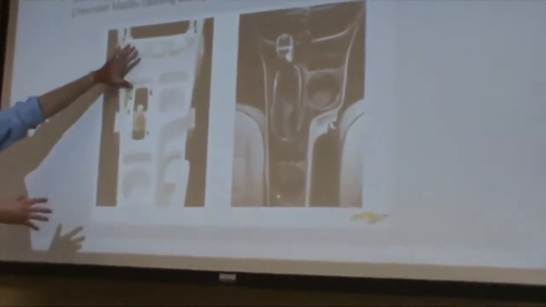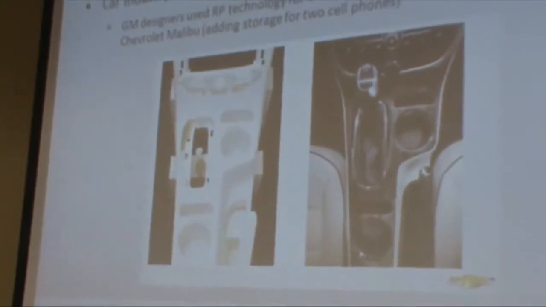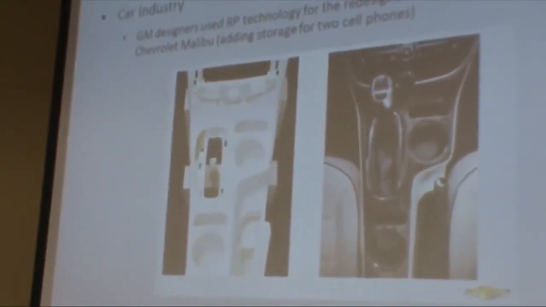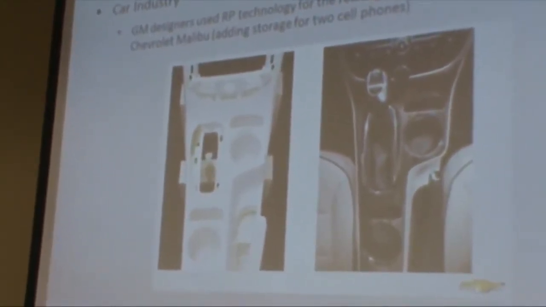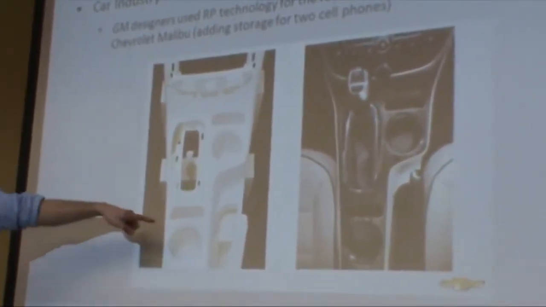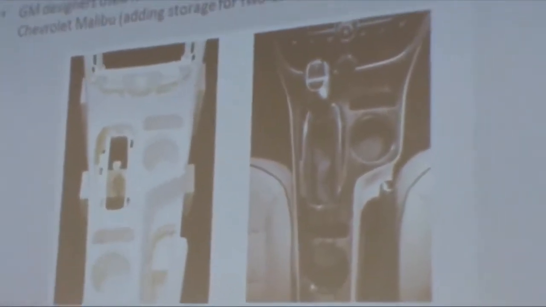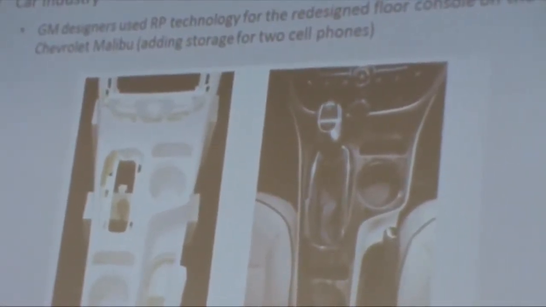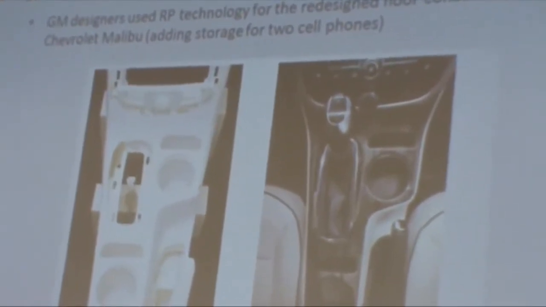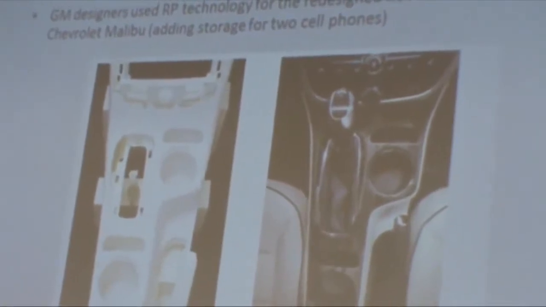They create the console, put it inside the real car, and have some people come in to do a pre-test to see if it's going to work well with the car. What they tried to add is 2 slots here for the cell phone. Because, you know, people right now have cell phones. I think almost everyone has at least one.